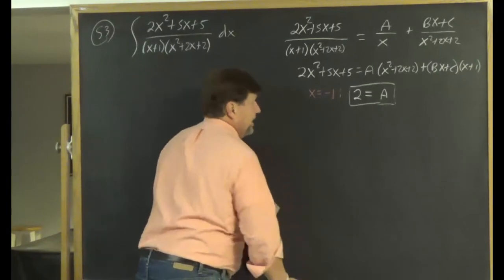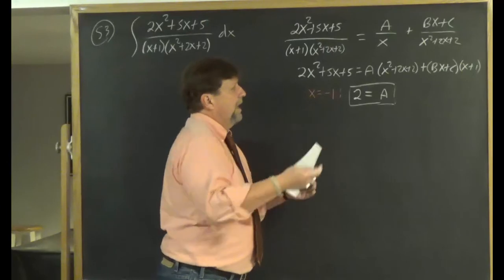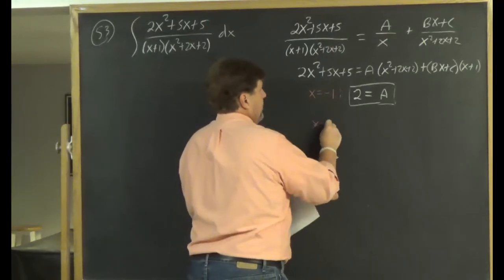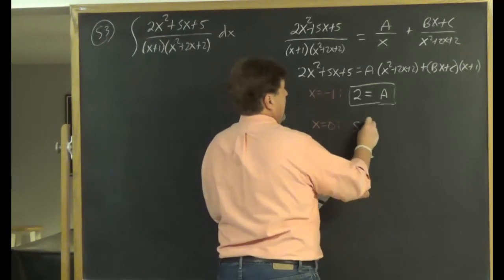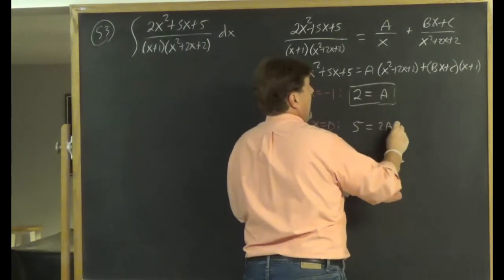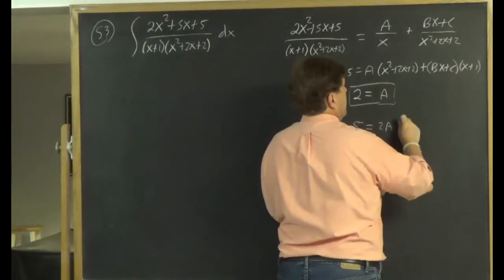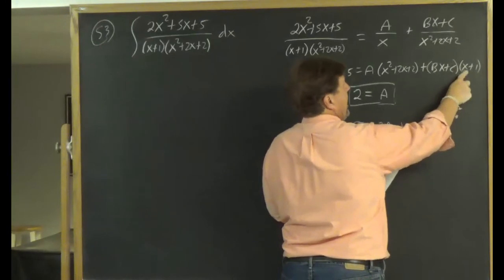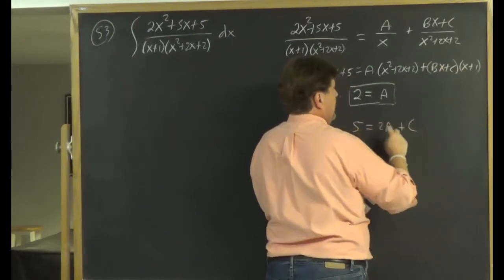All right, so technically I've run out of convenient factors, so I'm now going to pick x equals 0. And let's see, that gives me a 5 equals 2a plus, well, that's not bad. That's 1. This is 0, so I'm left with the c.